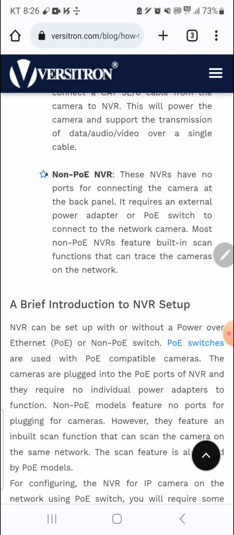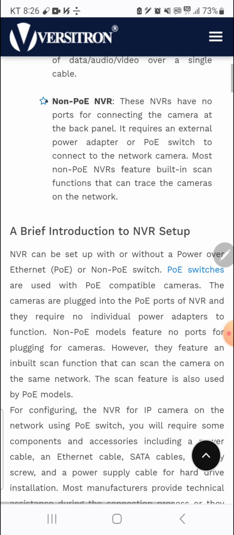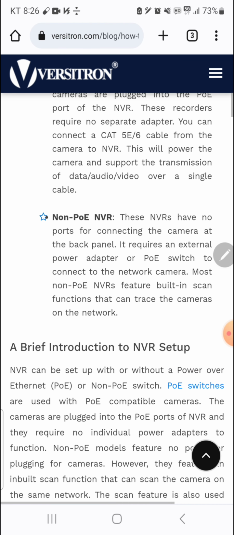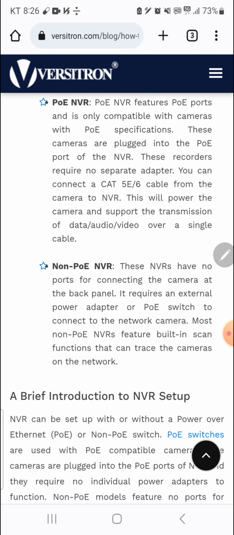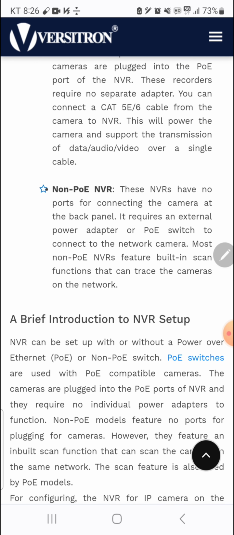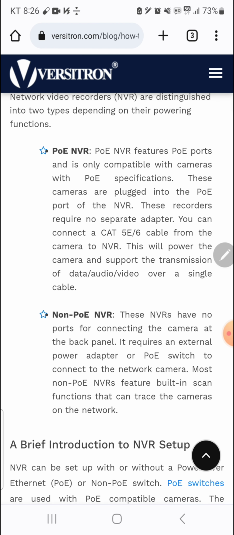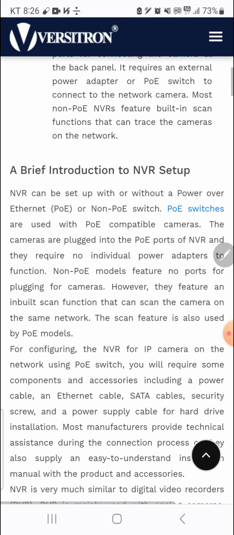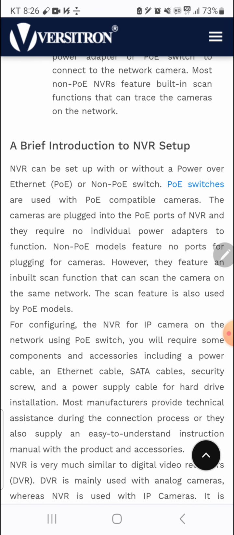These NVRs have no ports for connecting the camera at the back panel. Really, it requires an external power adapter or PoE switch to connect to the network camera. Most non-PoE NVRs feature built-in scan functions that can trace the cameras on the network. I see. So they don't have any ports to connect the cameras to the back panel.